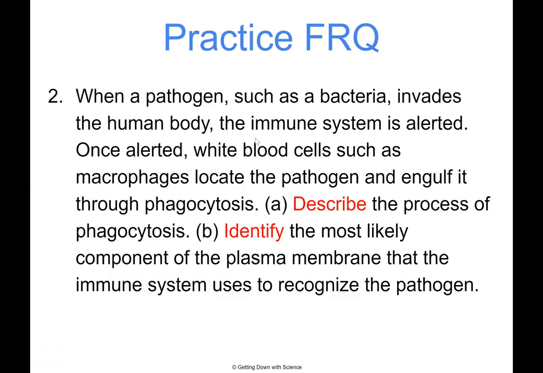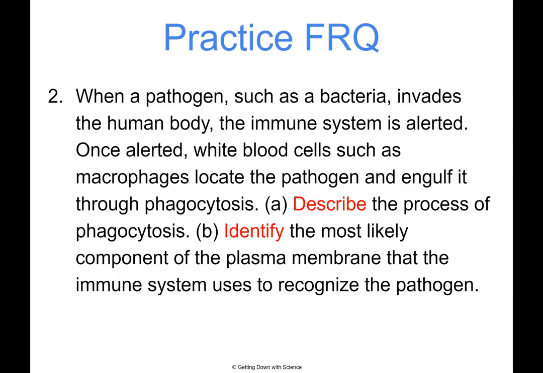Okay. And then another practice free response. When a pathogen, such as bacteria, invades the human body, the immune system is alerted. Once alerted, white blood cells, such as macrophages, locate the pathogen and engulf it through phagocytosis. So A, describe the process of phagocytosis. So here you would explain to me in a little paragraph how phagocytosis happens.